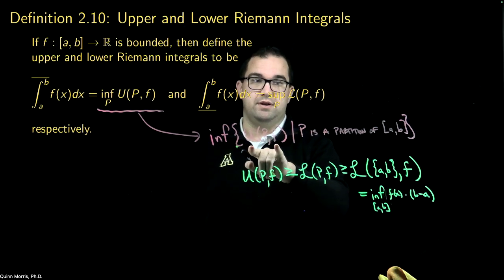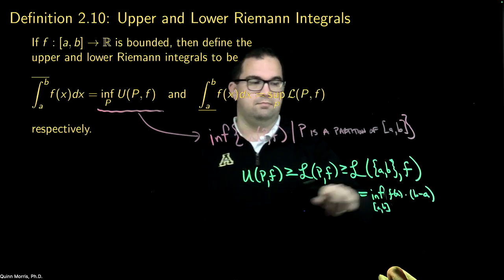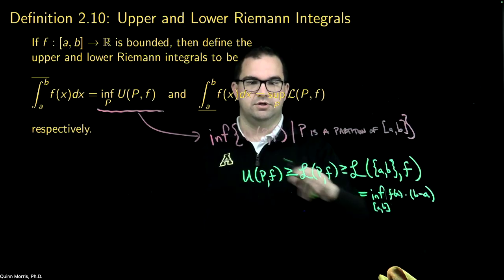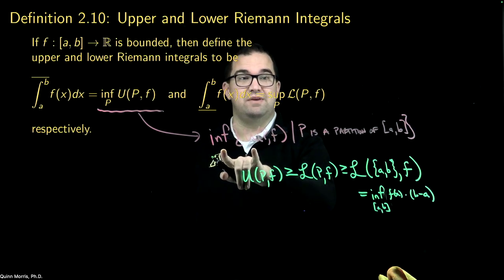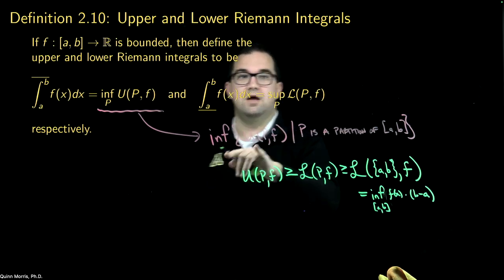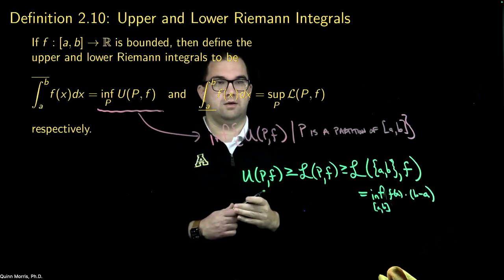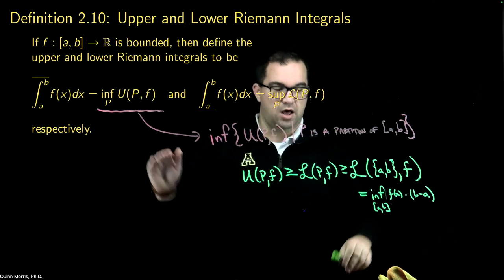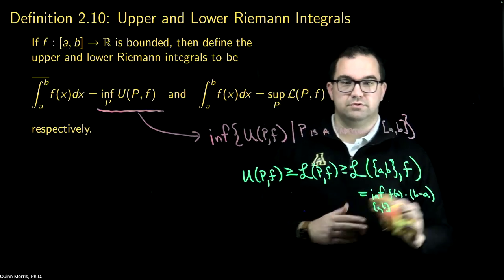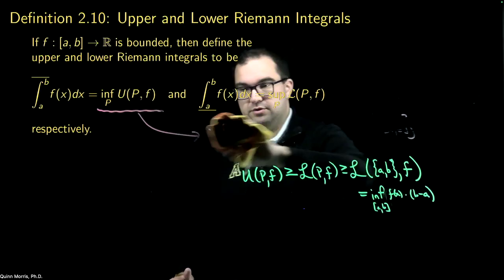It's actually bounded above also. It's bounded above by the upper sum of the trivial partition. So this is a non-empty bounded set of real numbers. Its infimum must exist. A very similar argument can be made for the lower sums, and therefore this supremum must exist. So the upper and lower Riemann integrals must always exist for a bounded function.